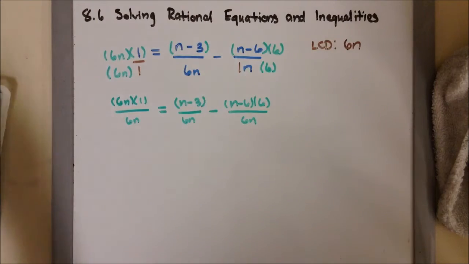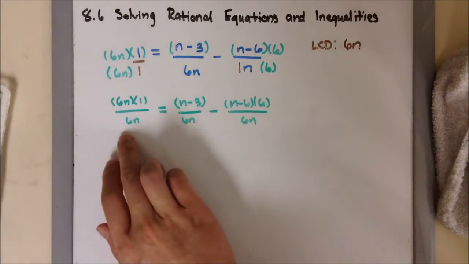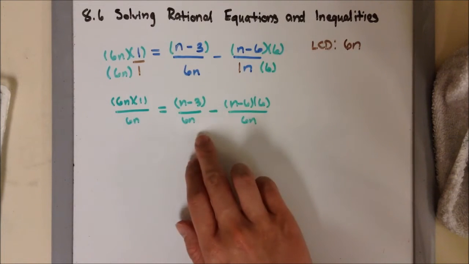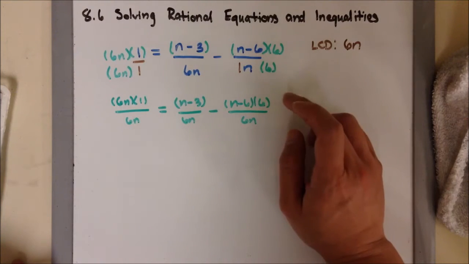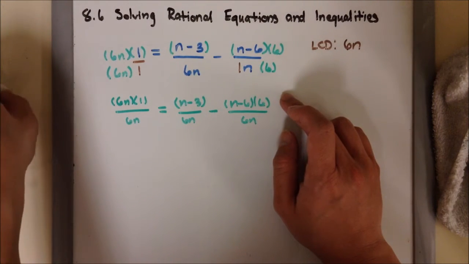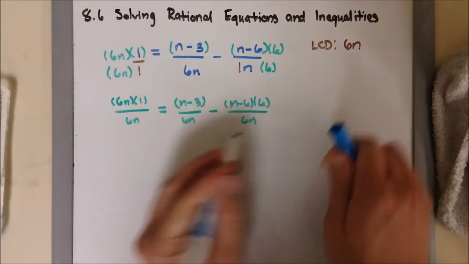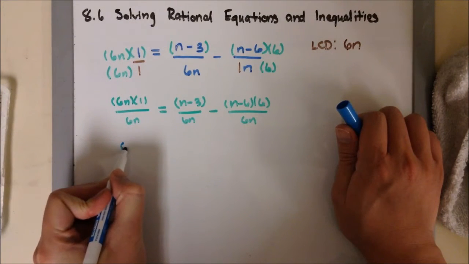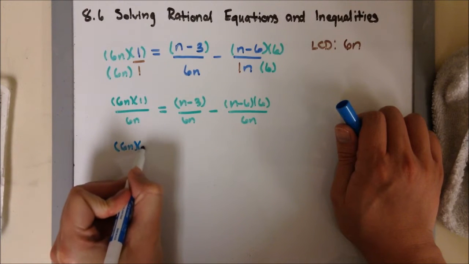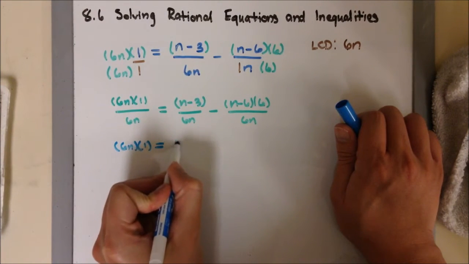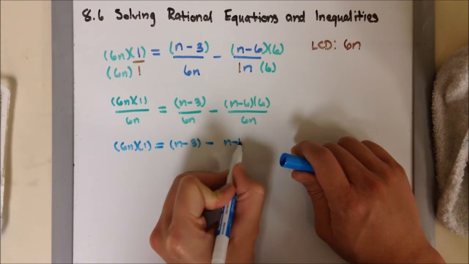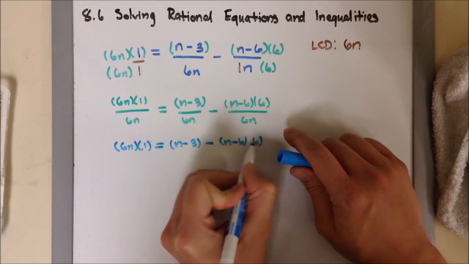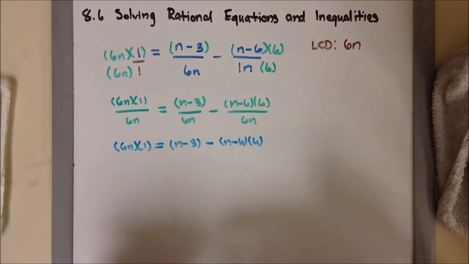Now, one great thing about solving a rational equation is the moment you have all fractions with exactly the same denominator, like this, we're just going to focus on the numerator. So I'm going to write down my numerator and ignore the denominator. It's going to be 6n times 1 equals (n minus 3) minus (n minus 6) times 6. And then from there we can start solving for our variable n.